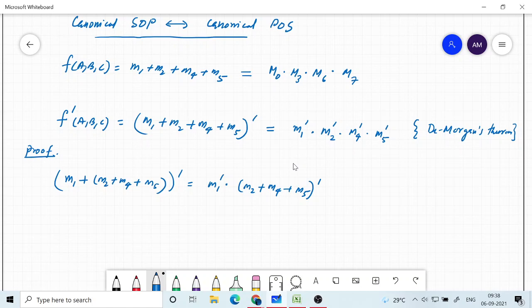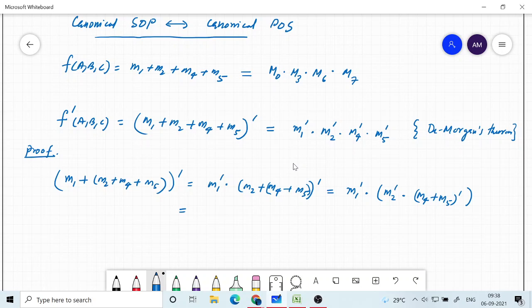Then you treat this as another variable, and this can be written as m2 dash dot m4 plus m5 all dash. Which you can continue.